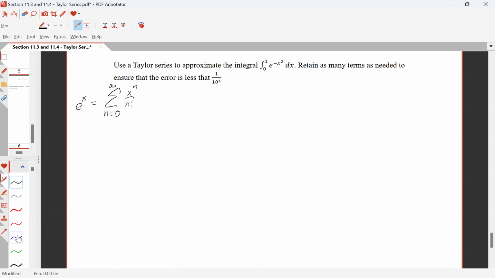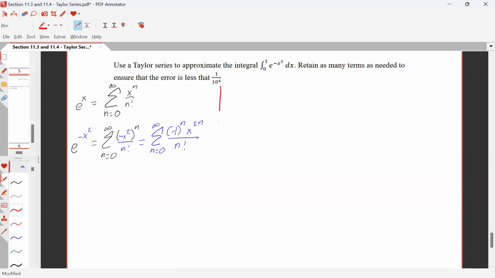This means if I put in negative x squared, this will be the series n equals 0 to infinity of negative x squared to the n over n factorial. Distributing that n exponent gives us the series n equals 0 to infinity of negative 1 to the n x to the 2n all over n factorial. So there is our series we want to work with.